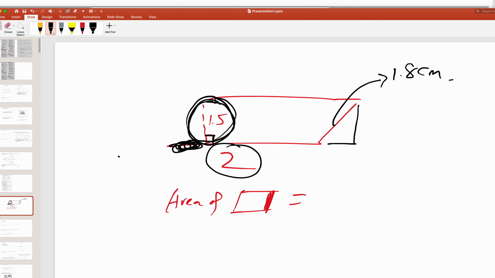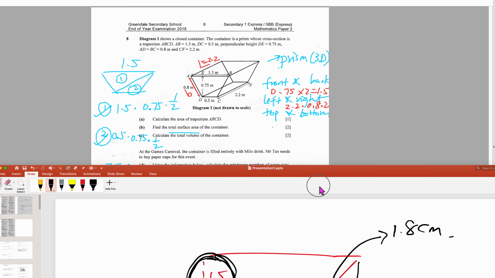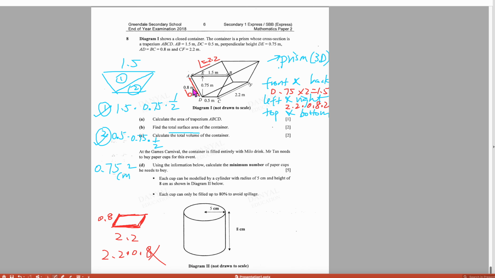Understand? So for that one just now, I don't think it's a parallelogram because they never give you any height here. There is another thing you can read to know that this is a rectangle instead of a parallelogram: it says AB is perpendicular to DE, and they never give you the height.